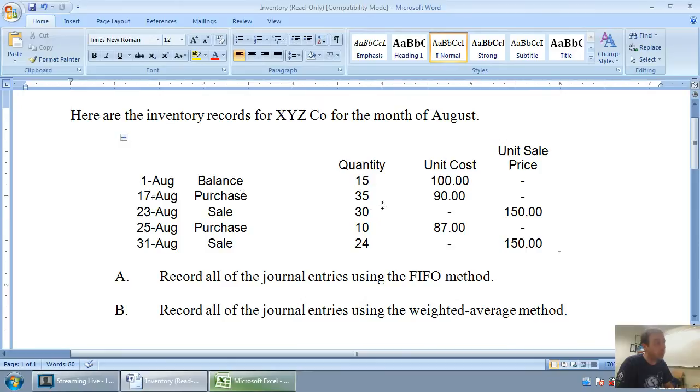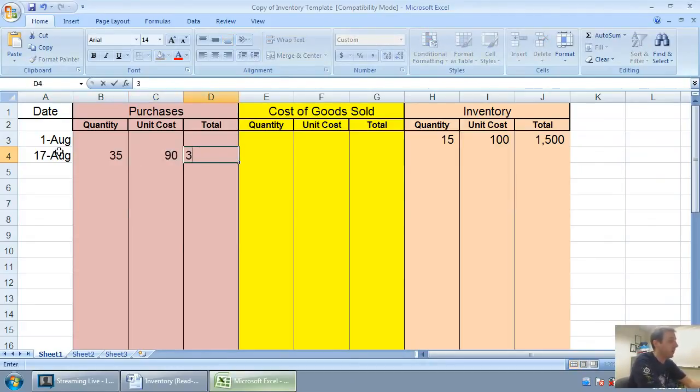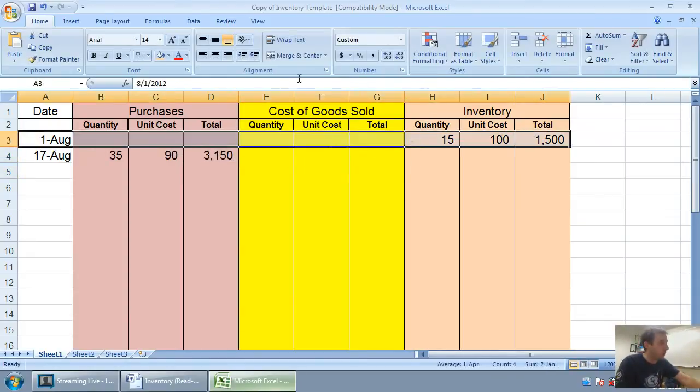August 17th, I make a purchase, 35 units at $90 each. So on August 17th, I'm going to note that I have a purchase, 35 units at $90 each. Now 35 times 90, I'm using a new keyboard today, is $3,150. And actually, let me just draw a line underneath this.